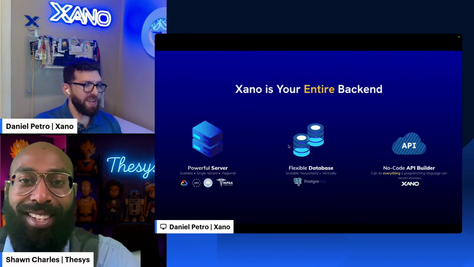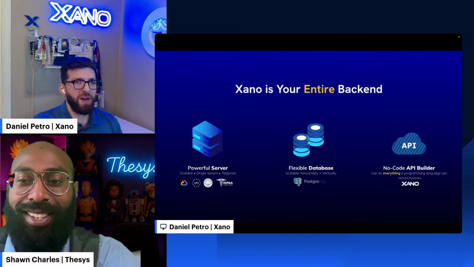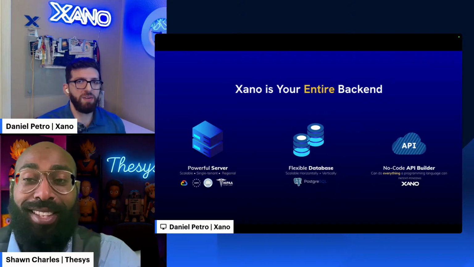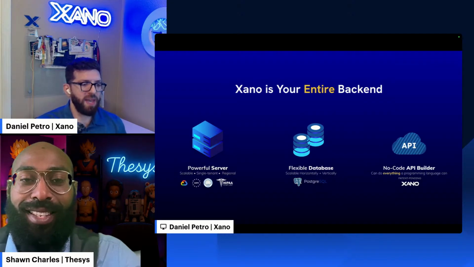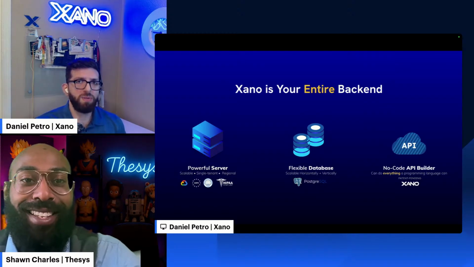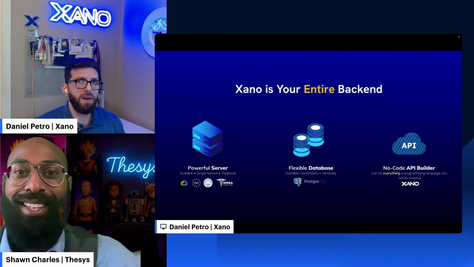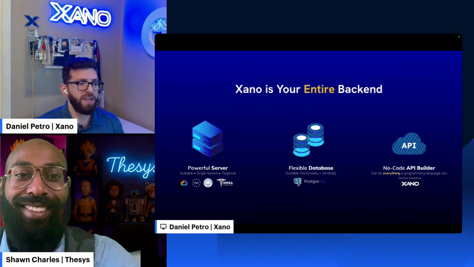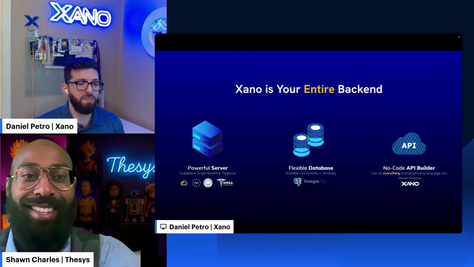Let's dive right in here. I think a lot of the audience already know what Xano is, but for anyone who doesn't, Xano is your entire backend. You get a powerful single tenant server that is scalable, which is hosted on GCP for our managed plans. But on enterprise, you can deploy anywhere you want, anywhere that takes Dockers and Kubernetes, and you can even deploy on-prem.